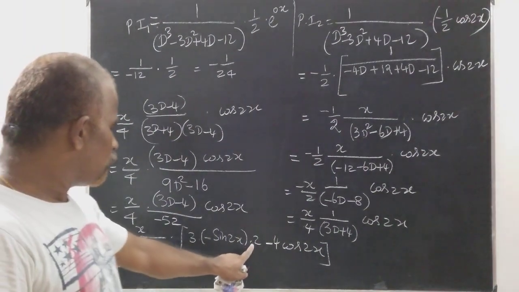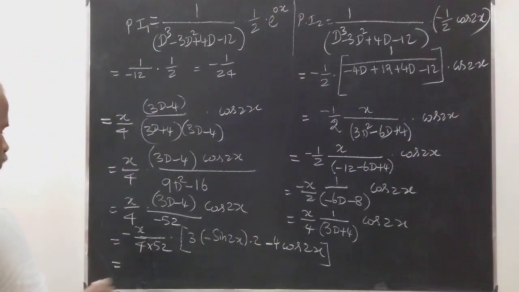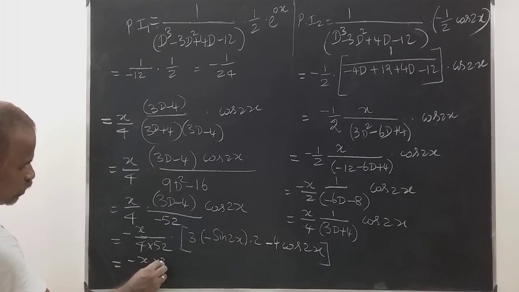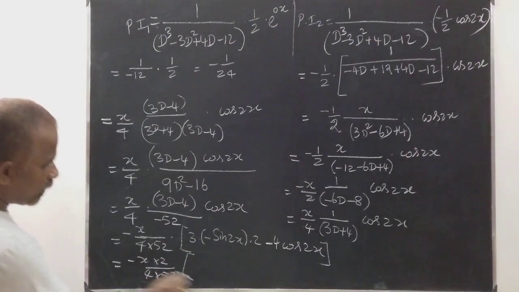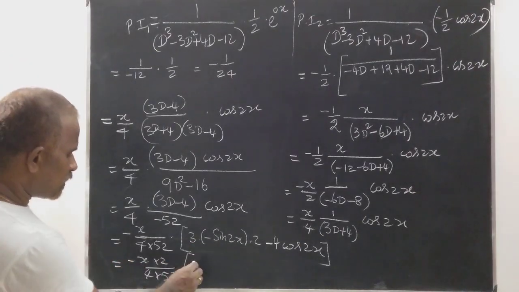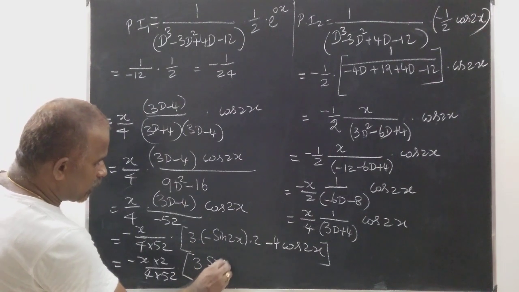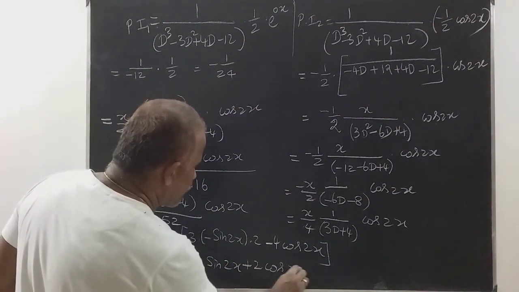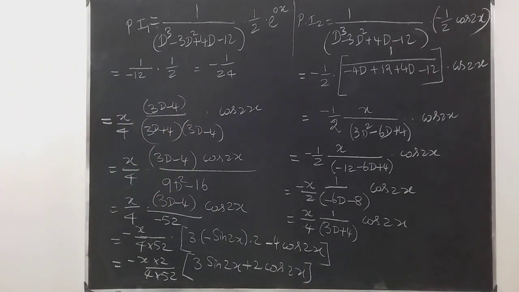Here is 2, here is also 2, we will take out 2. So therefore minus x into 2 divided by 4 into 52, 3 sin 2x plus 2 cos 2x.